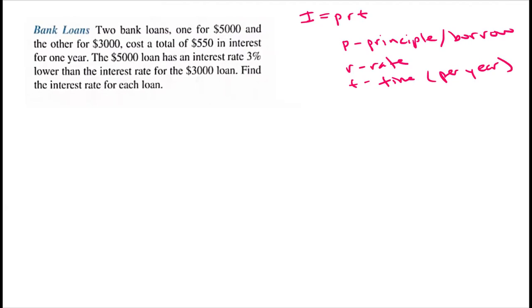All right, so we're going to use this to set this up. We're talking about two loans, loan 1 and loan 2, and we want the total outcome.